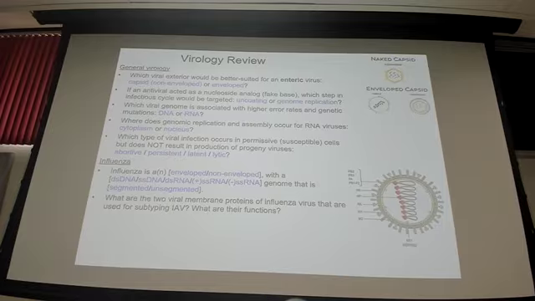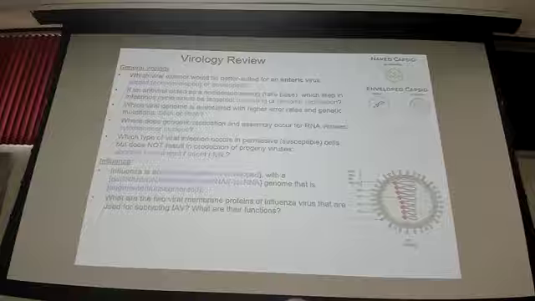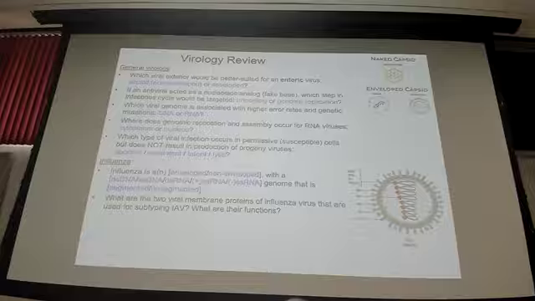Now look back at the cartoon. We talked about some membrane proteins on influenza that are really important for epidemiological purposes and a lot of other facets of influenza virology. What are the two main ones that we talked about that we use when we subtype influenza A?